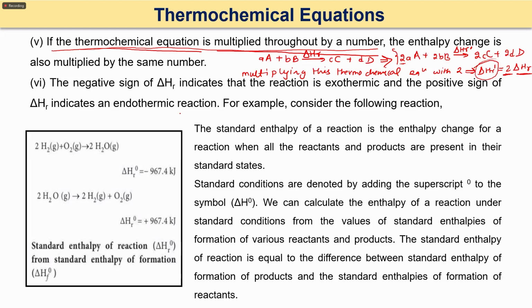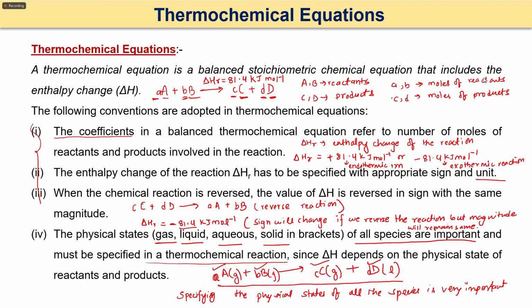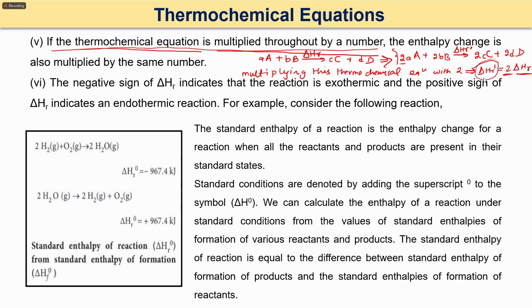So if this was 81.4 kilojoule per mole, then in this case your delta HR dash will be 2 into 81.4 kilojoule per mole. This will give you 162.8 kilojoule per mole of enthalpy change for this reaction. Okay, so let us move to the next point now.